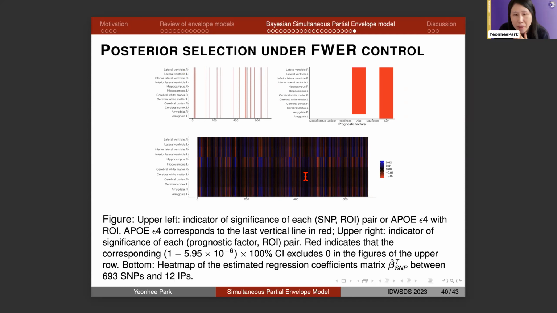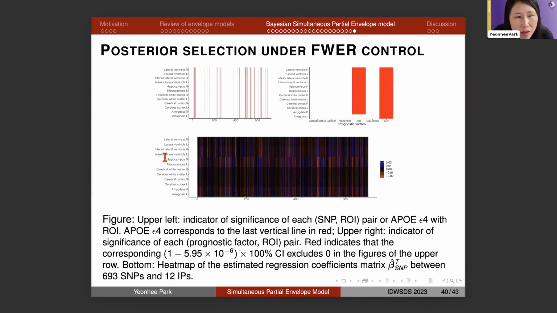And in the bottom panel, we draw the heat map to see the association. And we found that the pair of hemispheres shows a similar association for each genetic marker. And this is reasonable because of a strong bilateral association or correlation.